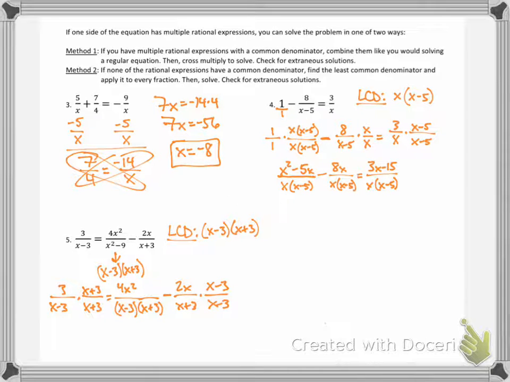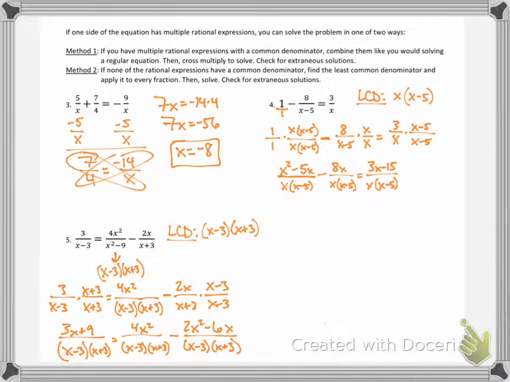So I'm going to go ahead and simplify this. On the left side, I'd have 3x plus 9 over x minus 3, x plus 3 equals 4x squared over x minus 3, x plus 3, minus 2x squared minus 6x over x minus 3, x plus 3.